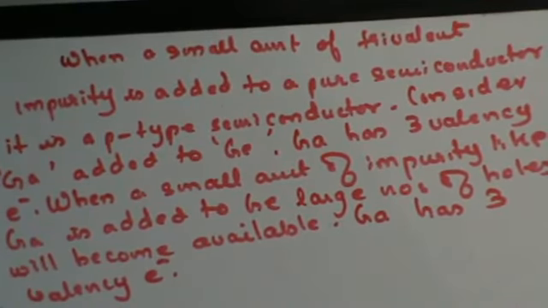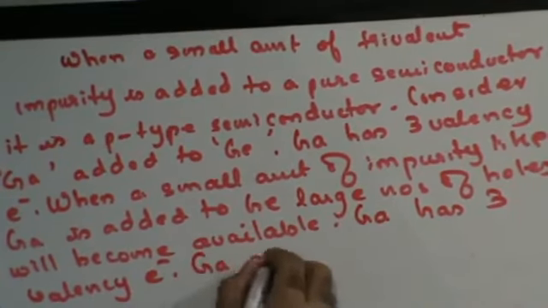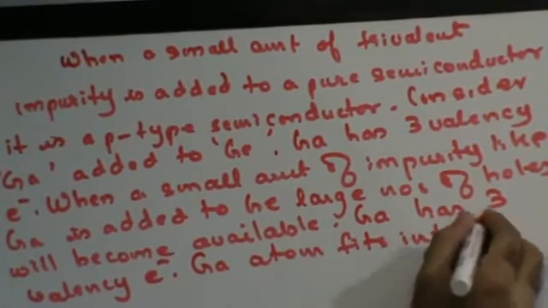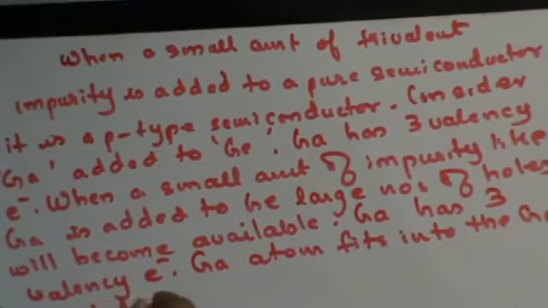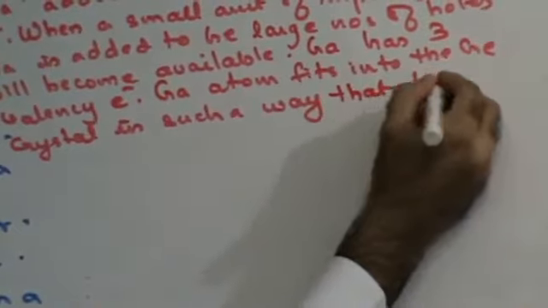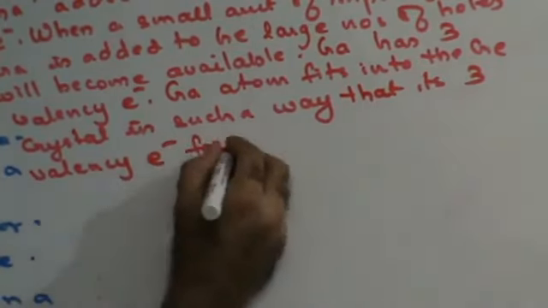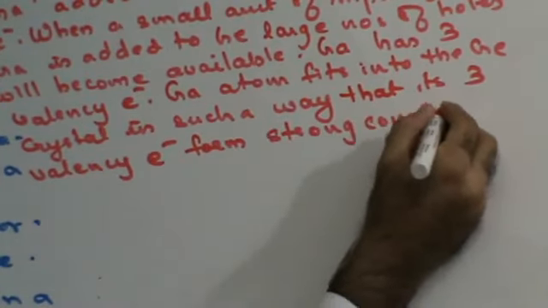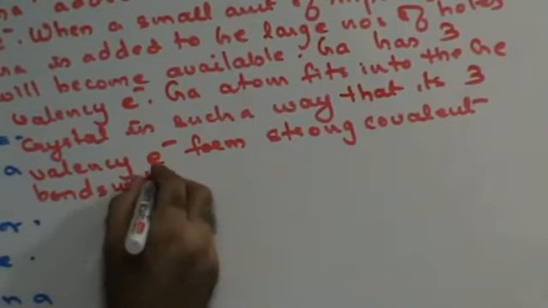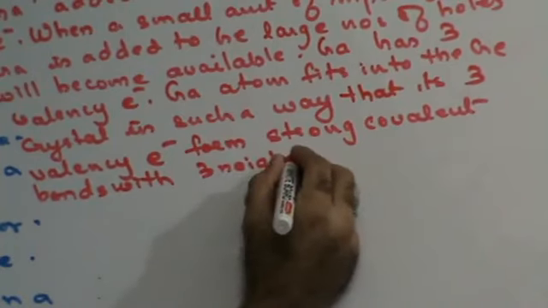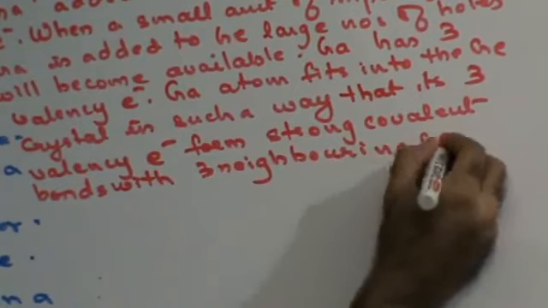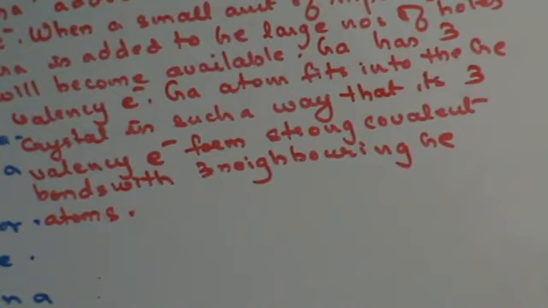Hence, a gallium atom fits into the germanium crystal in such a way that its 3 valency electrons form strong covalent bonds with three neighboring germanium atoms. So you have three very strong covalent bonds formed.